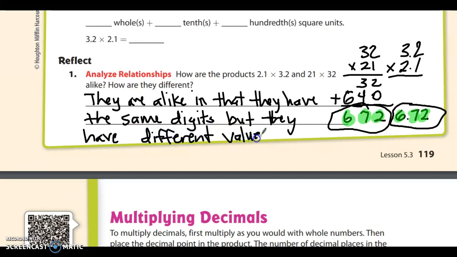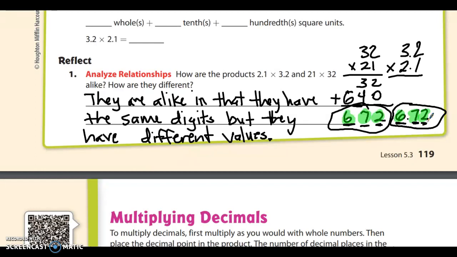And what I mean by the different values is, the first digit in this answer is 6, but that's 600. And the first digit in this answer is 6, but it's 6 in the whole number, so it's 6 ones. And this is 7 as in 70, and this is 7 as in 7 tenths. And this is 2 as in 2 wholes, and this is 2 as in 2 hundredths.